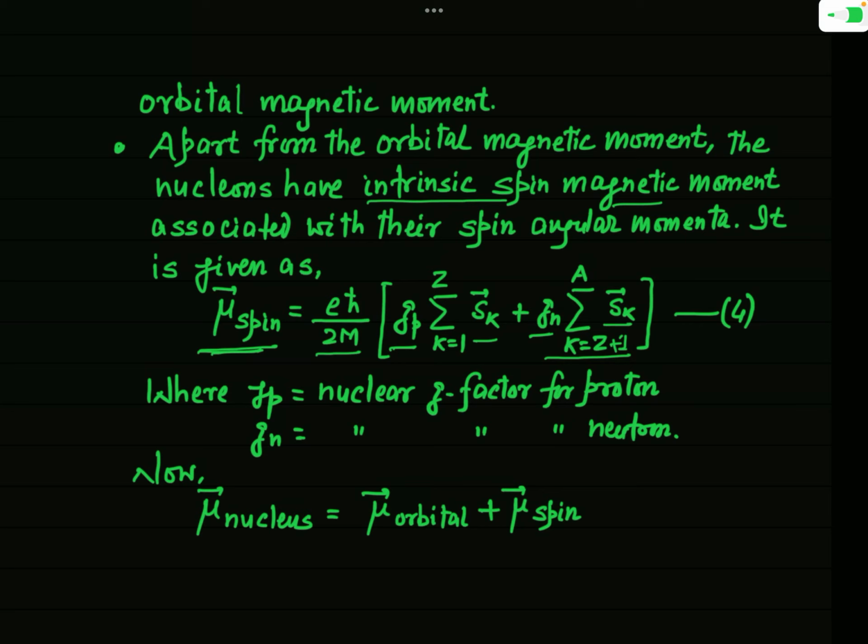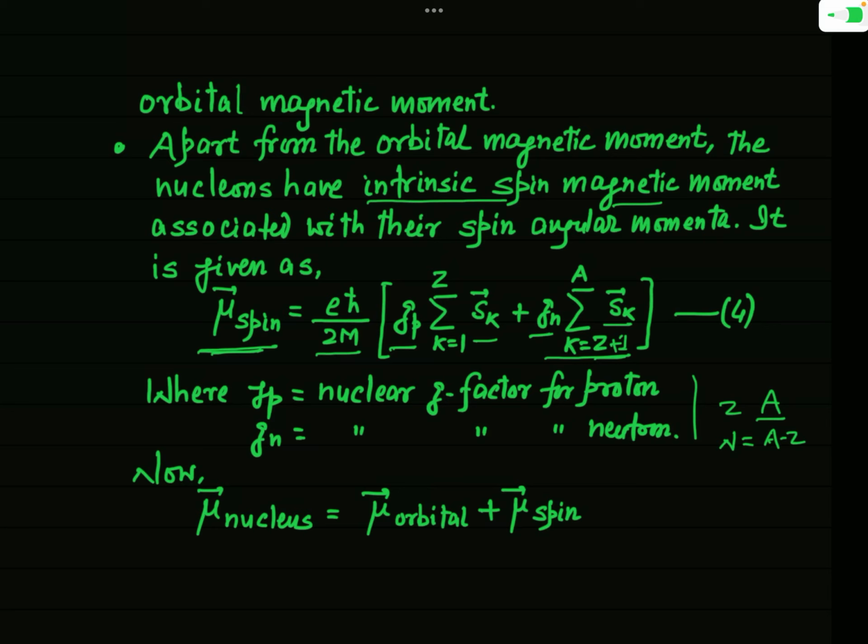But remember, as the nucleus possesses Z protons and, let us say, a total number of nucleons A, then the number of neutrons will be A minus Z. So here the limit will be Z plus 1 to A. A is actually the total number of nucleons, or you may call it the mass number of the nucleus.